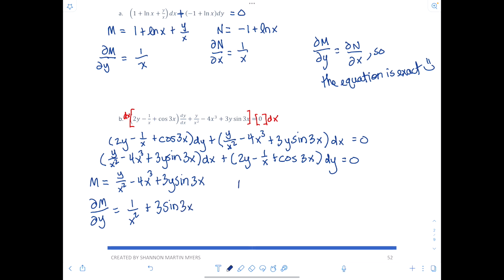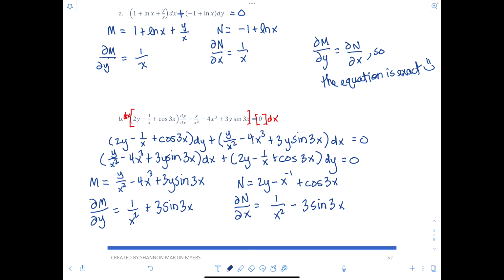Now looking at n is equal to 2y minus x to the negative 1 plus cosine at 3x, and finding the first partial of n with respect to x, we will get a result of positive 1 over x squared minus 3, using the chain rule, sine at 3x. So almost the same, but not quite. We've got a different sign in between them.